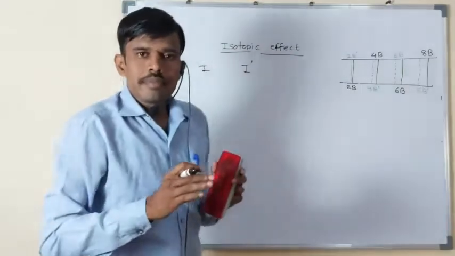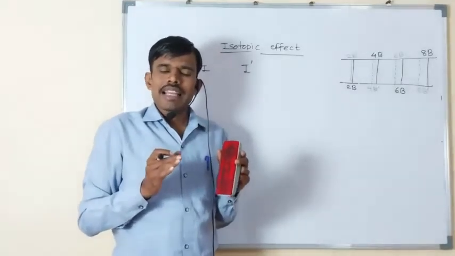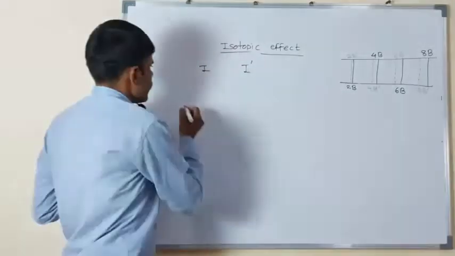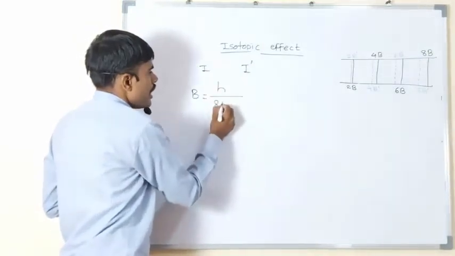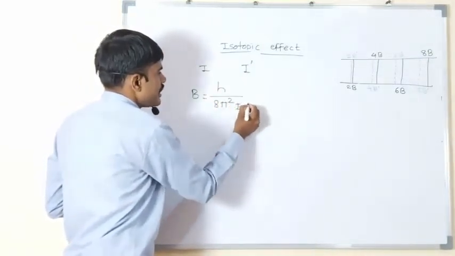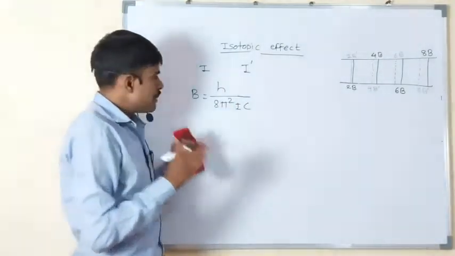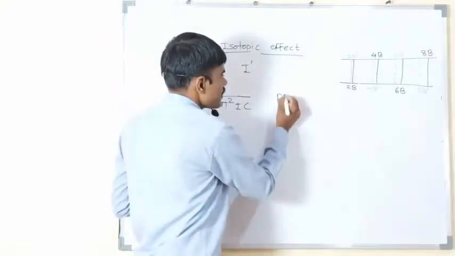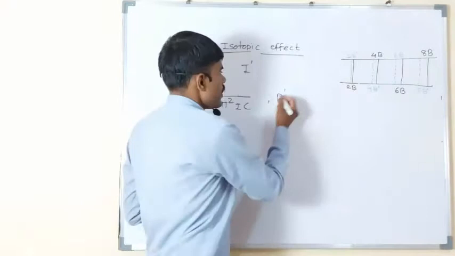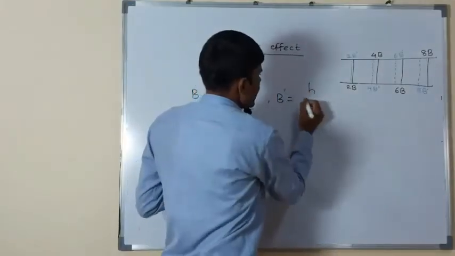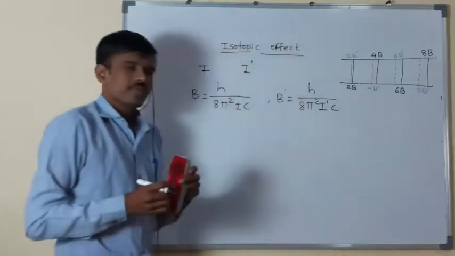The rotational constant B and moment of inertia are connected by an equation. B is equal to h upon 8 pi square I c. They are inversely proportional to each other. Similarly, B dash, that is after replacement of atom with the isotope, B dash is equal to h upon 8 pi square I dash c.